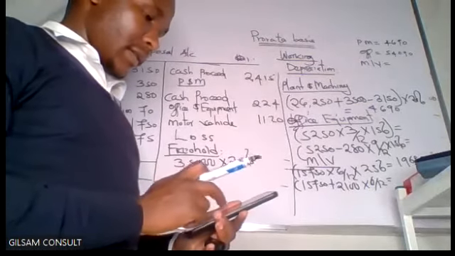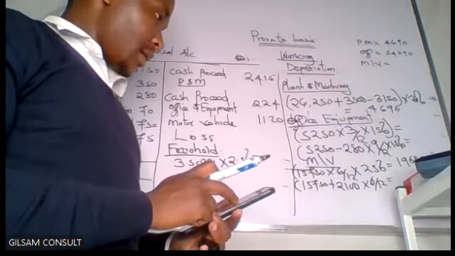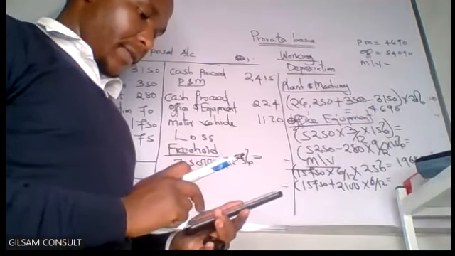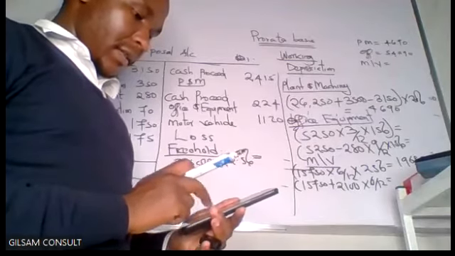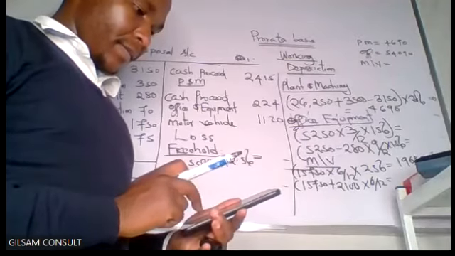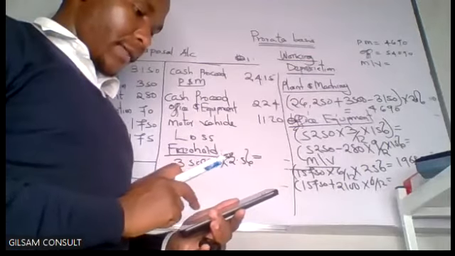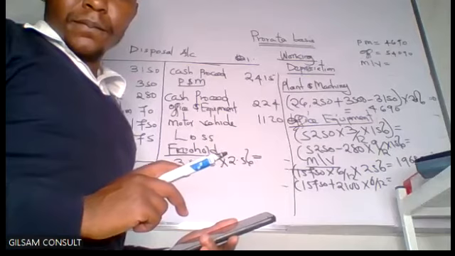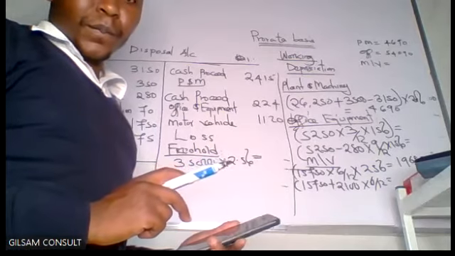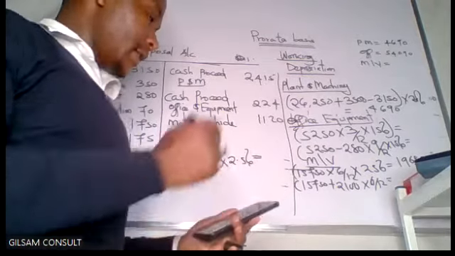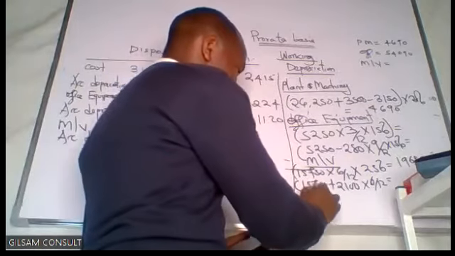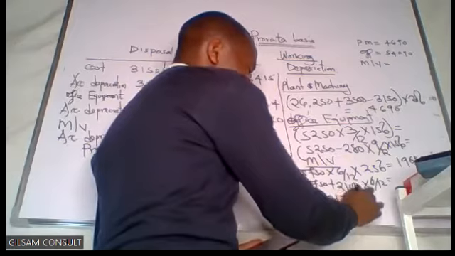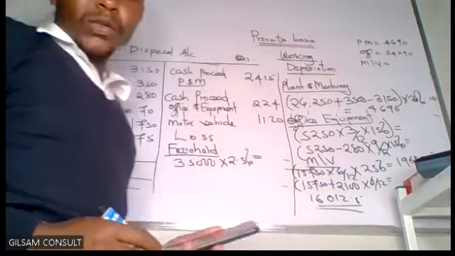The next one will take 750 plus 2100 times 0.5 times 25%. I'm getting 16,012.5.